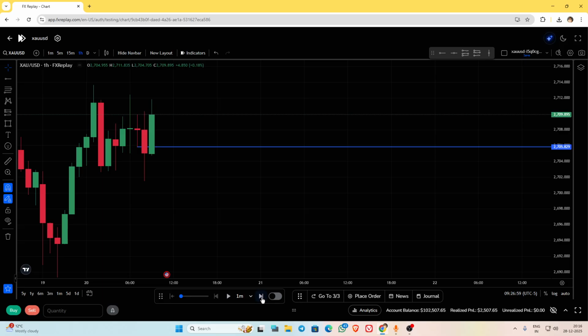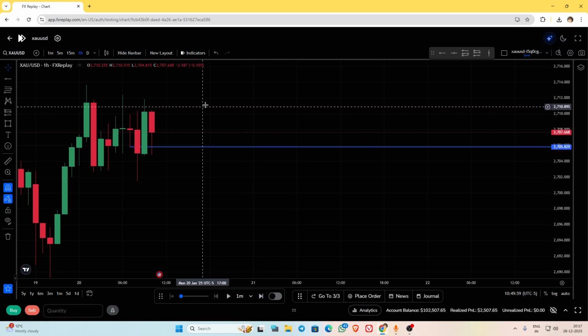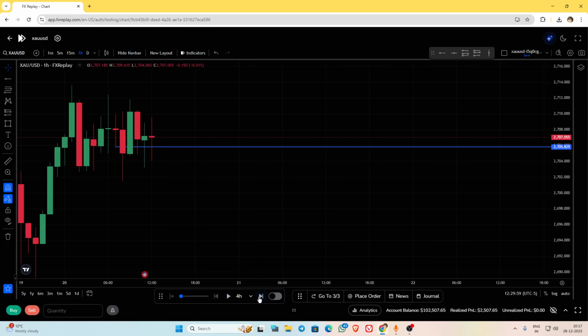We will wait for the next candle to close above or below, because this is not looking good. I'm waiting. Okay, so we didn't close anywhere, and if this also didn't close, we will skip this day. So it seems like this is not going to close, so let's move to the next day.